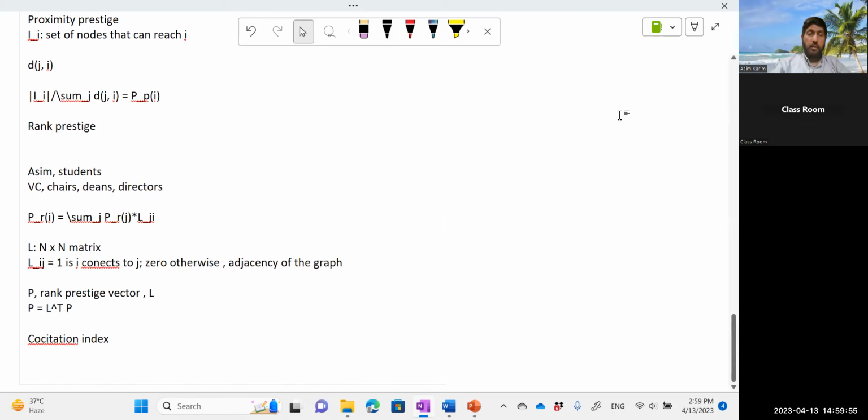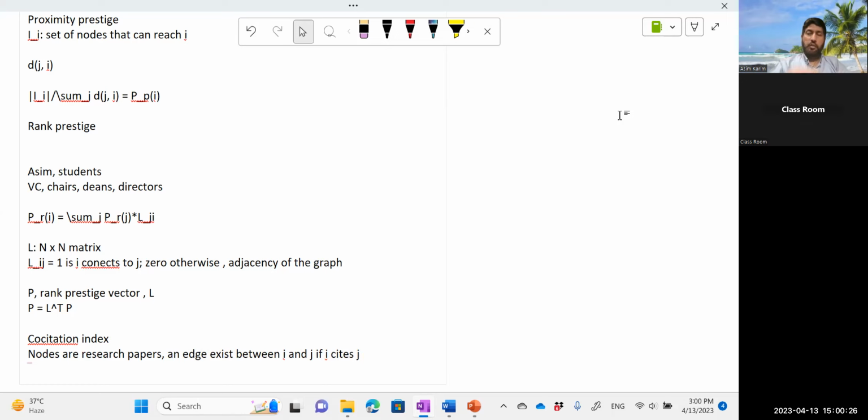So what is the idea here? Again, now we have nodes that are research papers. Okay. So nodes are research papers. An edge exists between I and J if I cites J. So do you understand this?